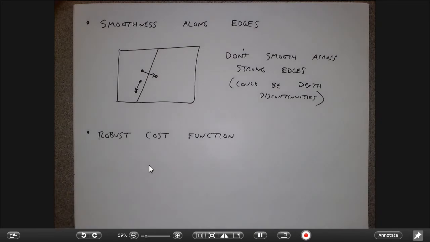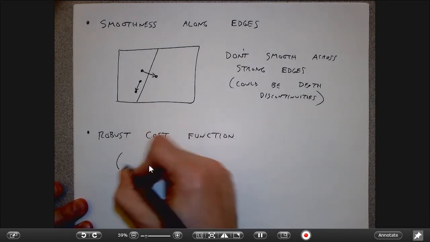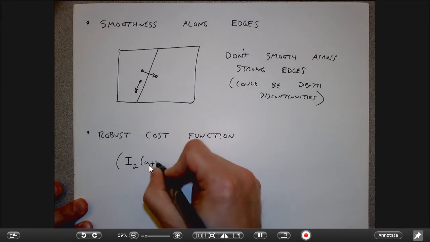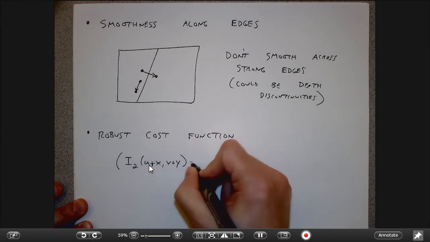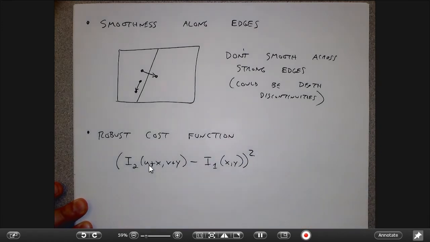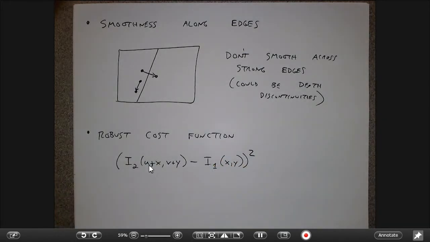And so what that means is that in the data term, for example, I have the difference between this number and this number, and I'm squaring it, right? So this is basically saying, when I have a very large error, if I square that number, I get a huge number, right? And that can really contribute a lot to my cost, right?